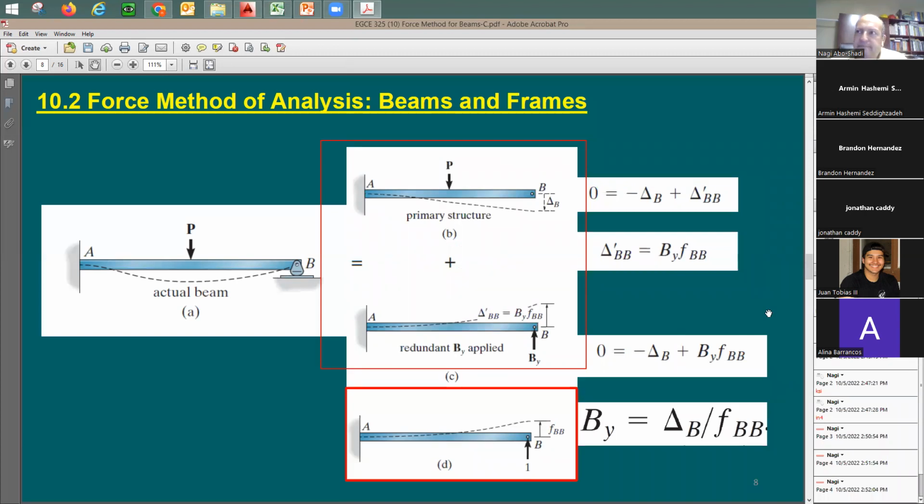All right. So the question is, how can I find out this deflection? Well, this deflection you find when you go to the standard beams, like standard cases.